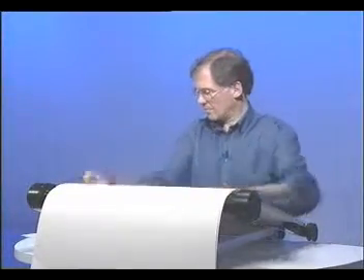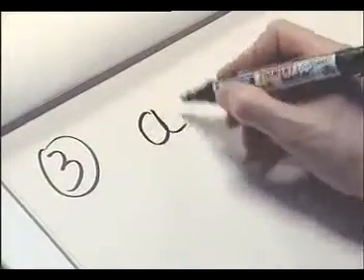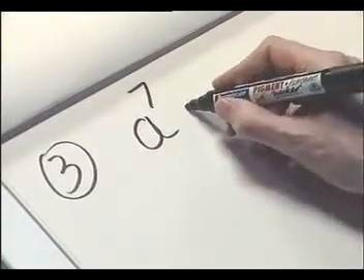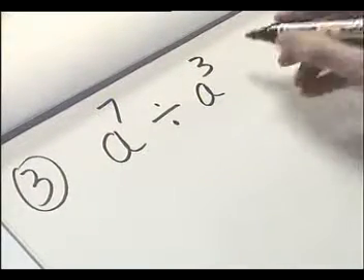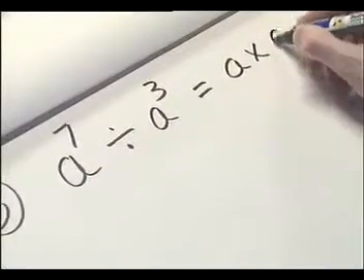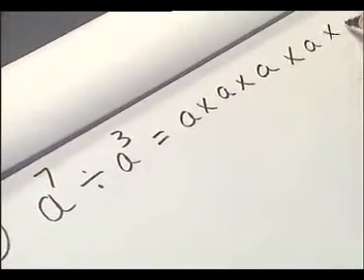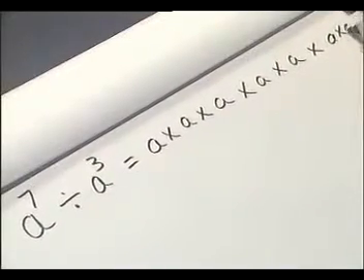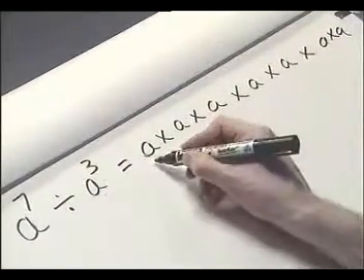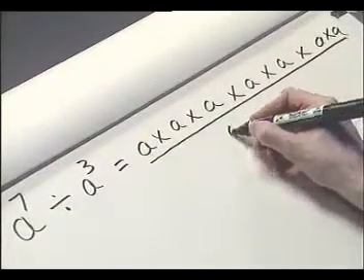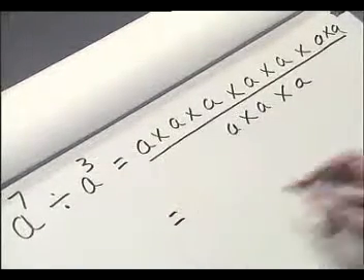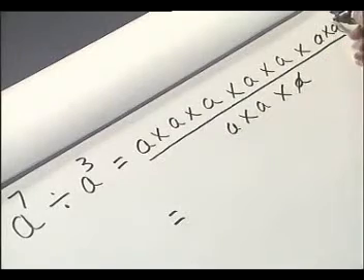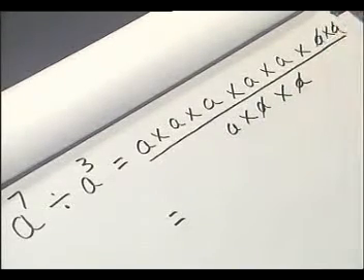Let's now have a look at our third rule. For this, let's take a to the 7th and let's divide it by a to the power 3, or a cubed. Well, a to the 7th means a multiplied by itself 7 times, divided by a multiplied by itself 3 times. And now we can begin to cancel some common factors. So there's a common factor of a. And again, there's another common factor of a.